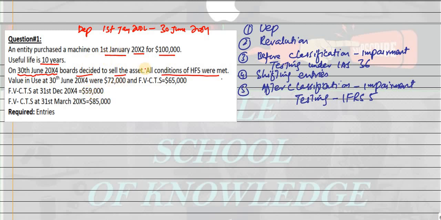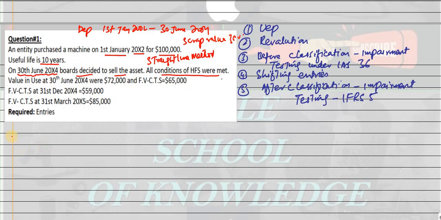Now here, we don't have any depreciation method, so we assume that we use the straight line method. We need scrap value for the straight line method, and if we don't have any scrap value, we again assume that the scrap value is 0.